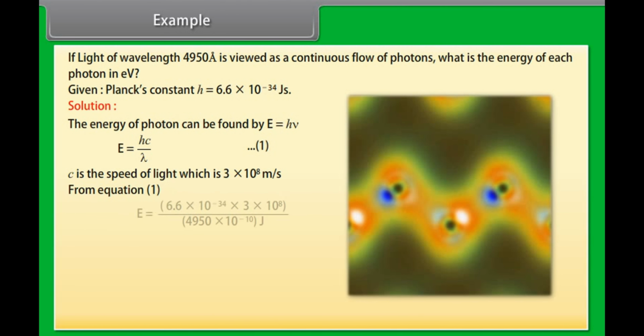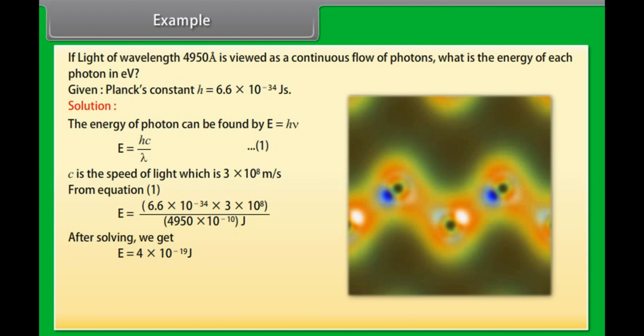From equation 1, E equals 6.6 times 10 raised to the power minus 34 into 3 times 10 raised to the power 8 by 4950 times 10 raised to the power minus 10 joule. After solving, we get E as 4 times 10 raised to the power minus 19 joule. It can be expressed in eV, E as 4 times 10 raised to the power minus 19 by 1.6 times 10 raised to the power minus 19 eV. E is equal to 2.5 eV.